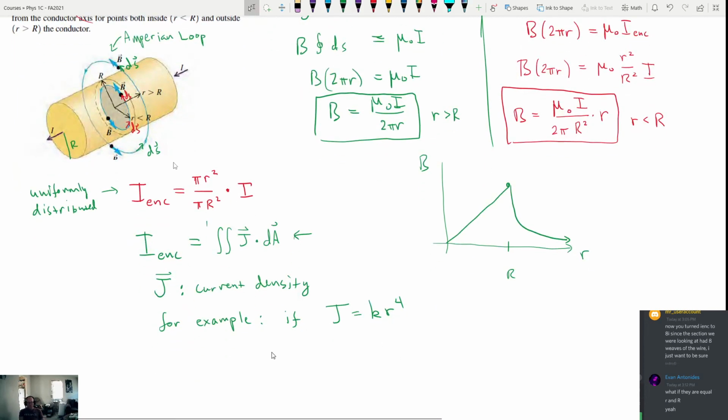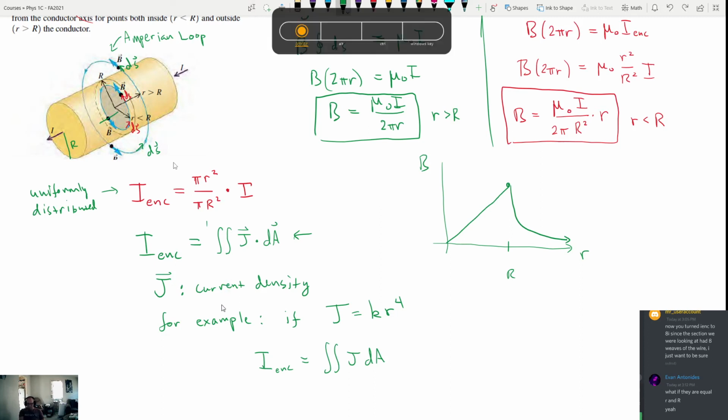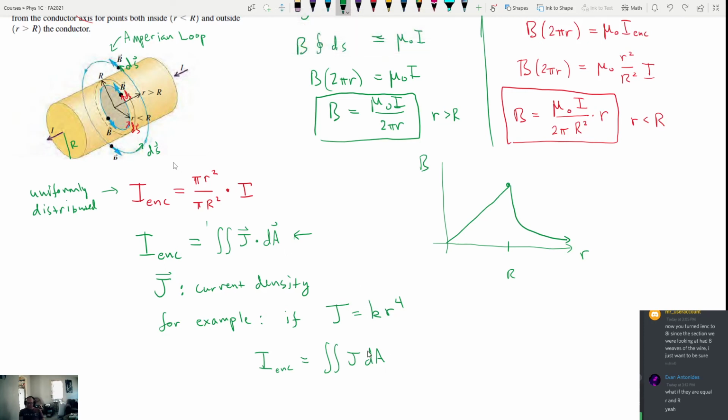So the way that's going to work is your current enclosed is going to be equal to the double integral of J dA. The dot product will go away as long as your area vector points this way and your J points the same way. And now you need to figure out what dA is going to be equal to.